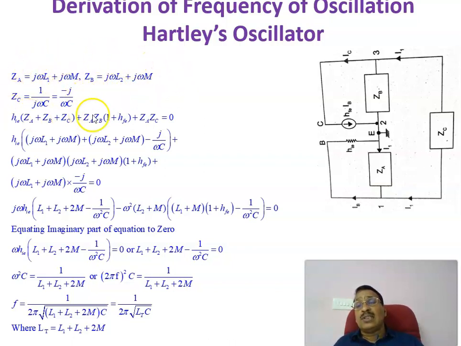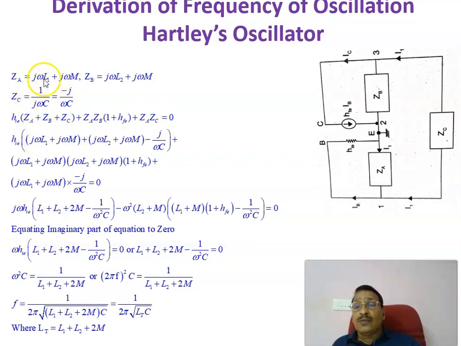These values are to be substituted in the previous equation I already discussed, that is hie into (ZA plus ZB plus ZC) plus ZA ZB into (1 plus HFE) plus ZA into ZC, which should be equated to 0.